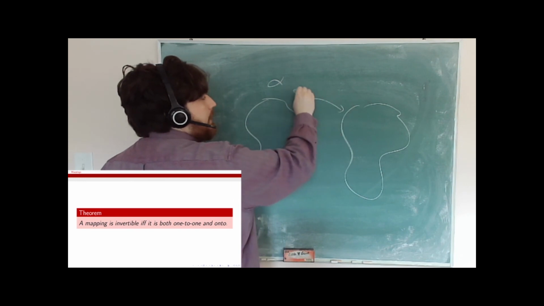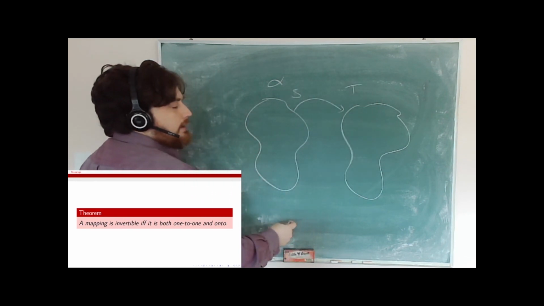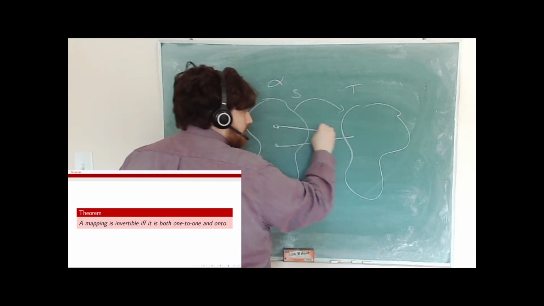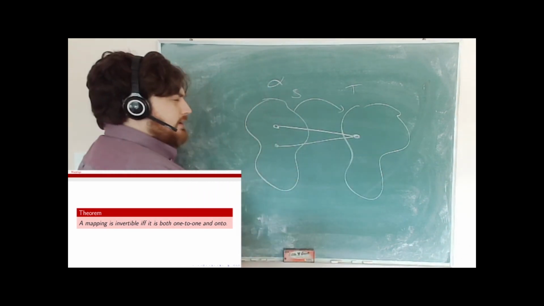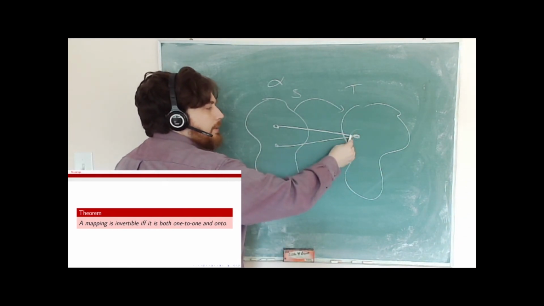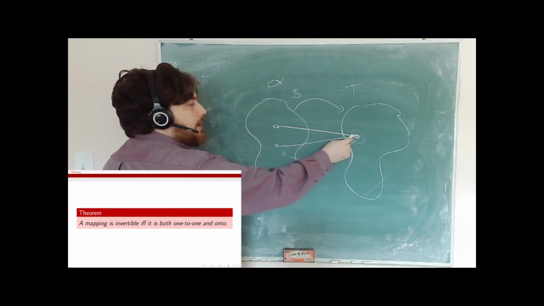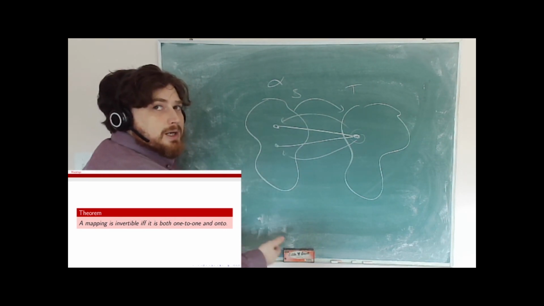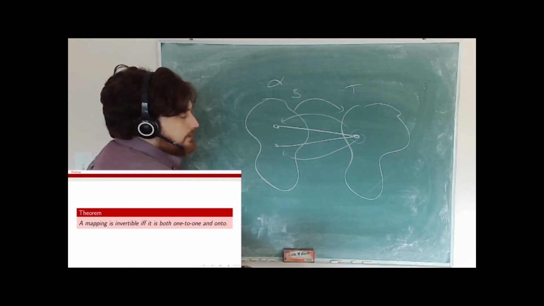So if alpha is a mapping from S to T, the idea is that if I'm not one-to-one, when I try to find the inverse mapping, I'm going to have one thing in the domain that gets mapped to 2 things in the range. Therefore, the inverse is not a mapping, because a mapping has everything in the domain going to one thing in the range.